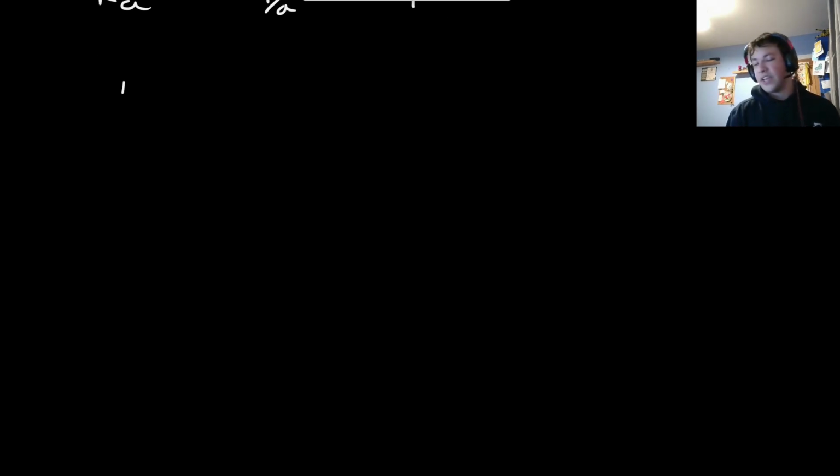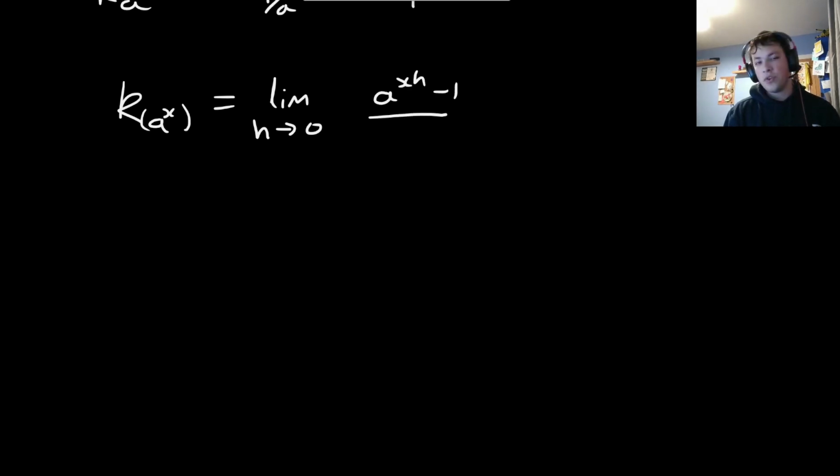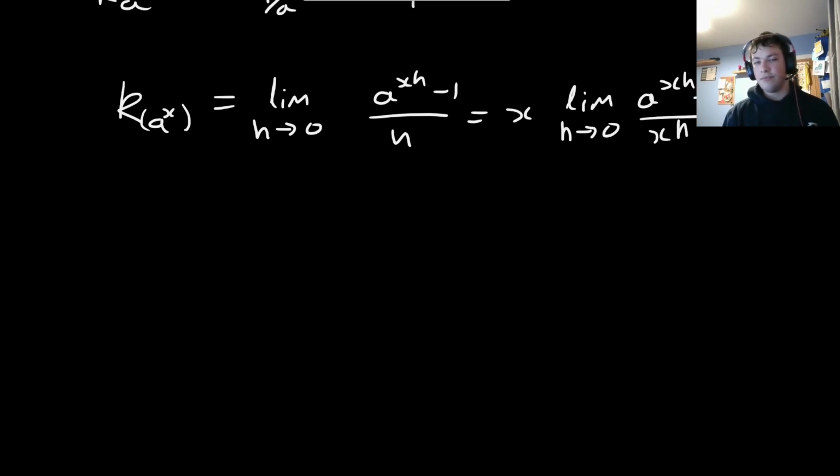Now we can also say K of a to the x is the limit as h goes to 0 of (a to the xh minus 1) over h, which is x times the limit as h goes to 0 of (a to the xh minus 1) over xh. Well, now this is xh, so it's x Ka. So we've got this multiplicative power law for K.